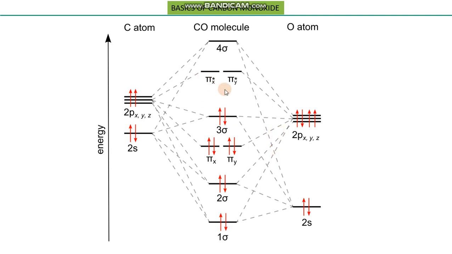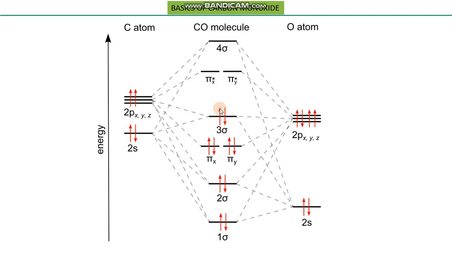The one which is lowest in energy and has no electrons is called LUMO, the lowest unoccupied molecular orbital. So whenever we are talking about bonding, any business that takes place with carbon monoxide, these two types of orbitals will be involved: one will be HOMO and the other will be LUMO.